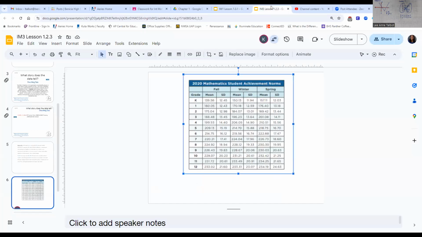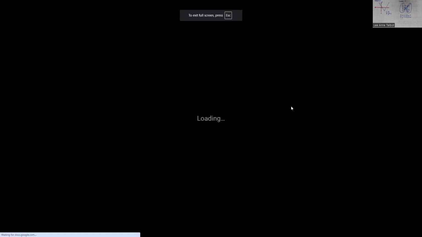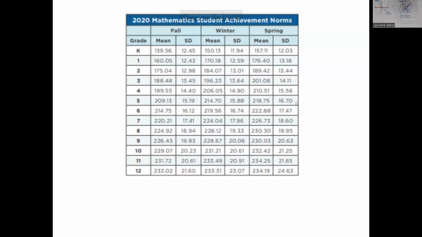Last thing I want to do before we start doing math stuff again is I want to show you this. This is a grade level report of math test grades. I gave you your math test scores back on the paper. And most of you guys got in like the 12th grade range. I was really impressed. This class did really, really well. I was super excited. You want to look at this column here. So 233 or above is like the average.